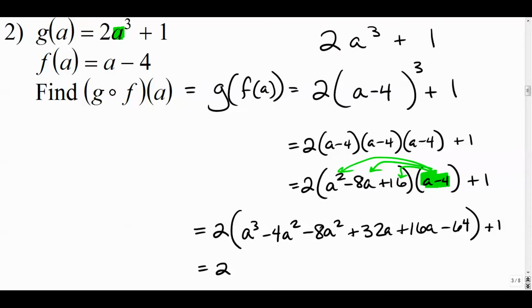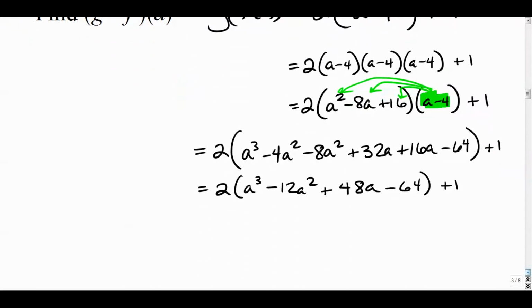So let's clean that up in the middle here before we distribute the 2. A to the third minus 12a squared plus 48a minus 64 plus 1. And let's see, I think that's simplified all the way. Minus 12, yeah, looks good. So now let's take that 2 and distribute it into everything on the inside.